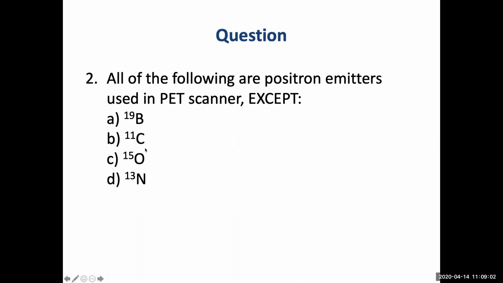Carbon 11 is used in PET. O15 is produced in cyclotron, and again, ammonia, nitrogen 13. Only boron 19 is a beta emitter and is not used in PET.